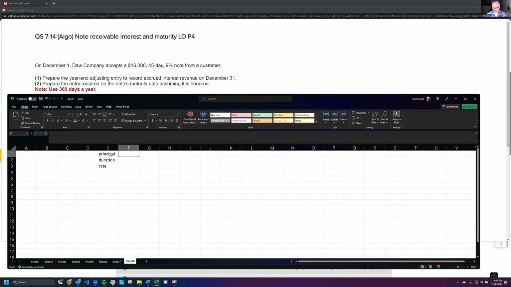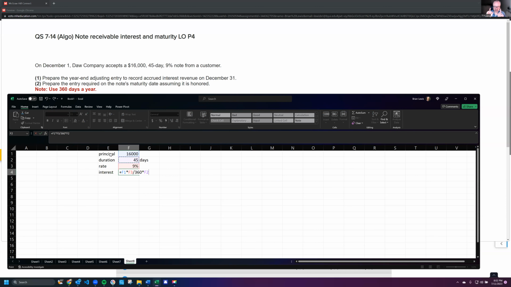Okay, so we got $16,000 for 45 days, and it's a 9% rate. Okay, so the interest is going to be principal times the interest rate divided by 360 times 45.